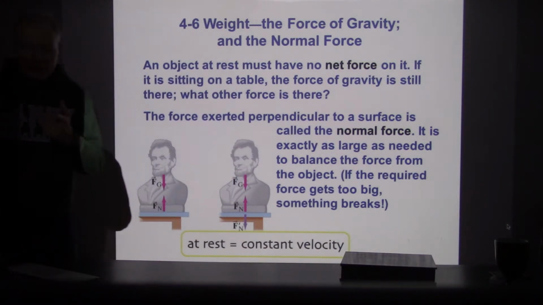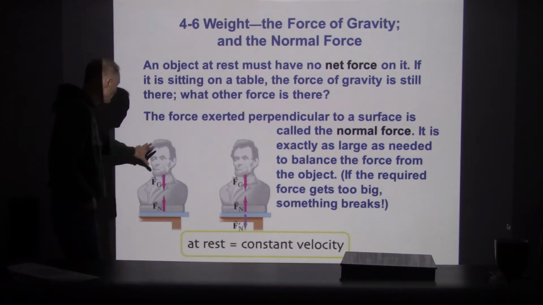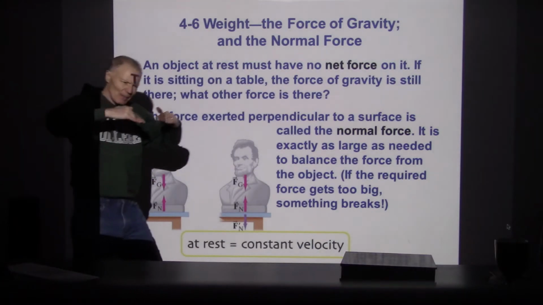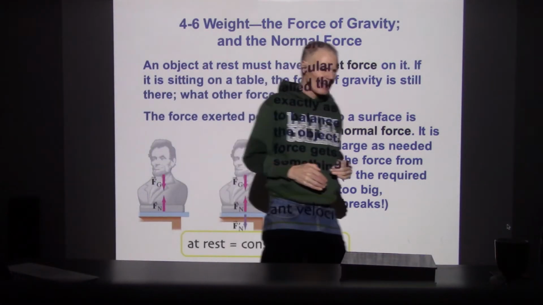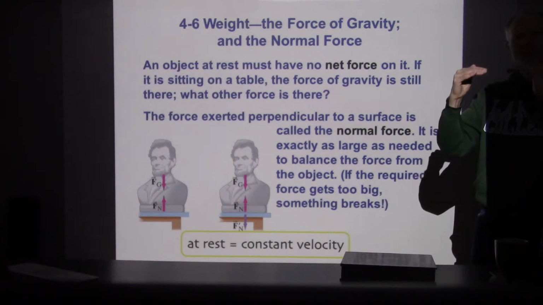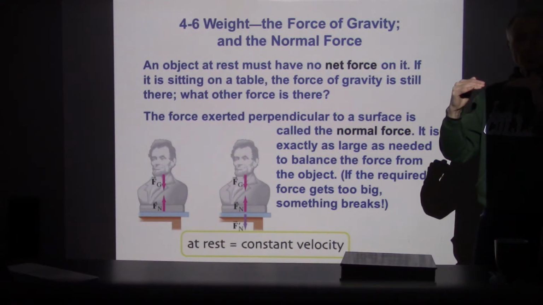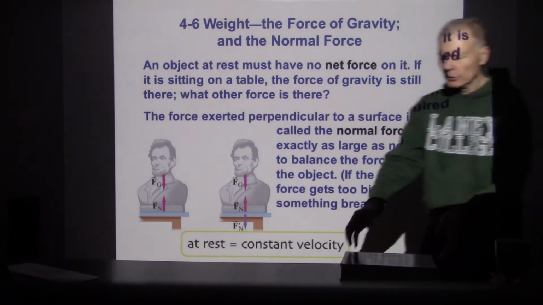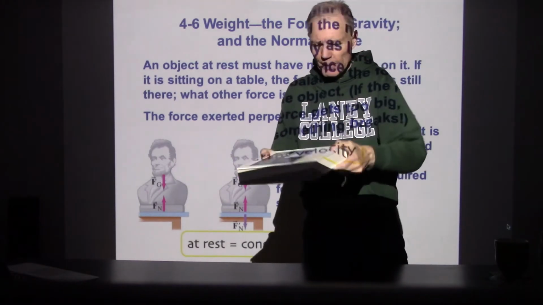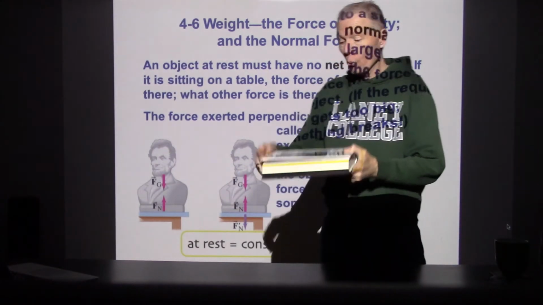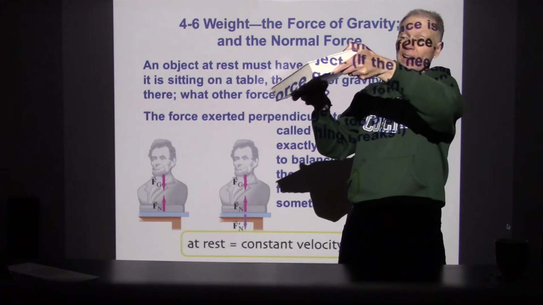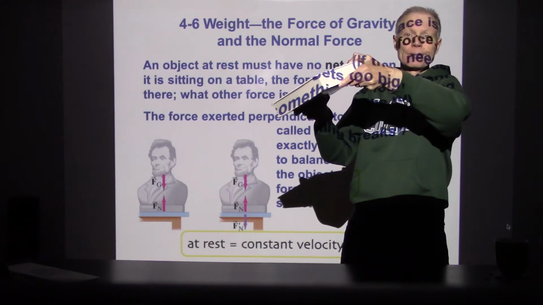Now what they're pointing out here is that if we place heavier and heavier objects on the table, the table has a little bit of elasticity to it, and that's where the normal force comes from. It's kind of like putting it onto some springy material, and the material begins to push back. When I set this book, which is pretty heavy, the gravitational force, mg, is acting on it, but the table isn't pushing back at this point.